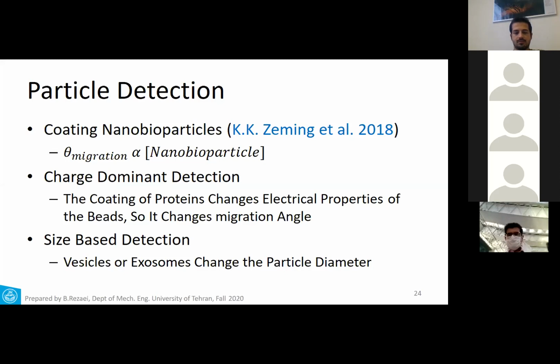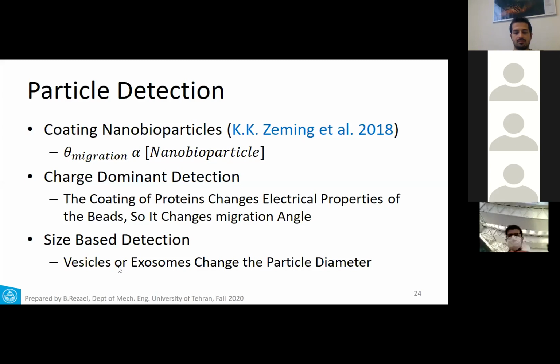But when nanobioparticles like proteins or exosomes, vesicles are added to these particles, they change the particle characteristics, whether it is charge dominant, whether they changed its charge, whether they changed their size. For example, the coating of proteins changes electrical properties of the bead, so it changes the migration angle.